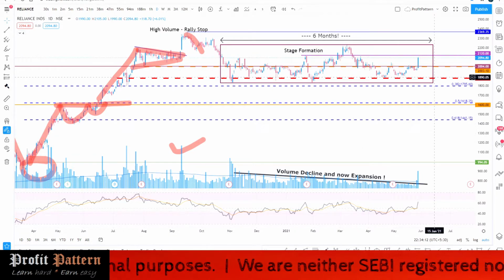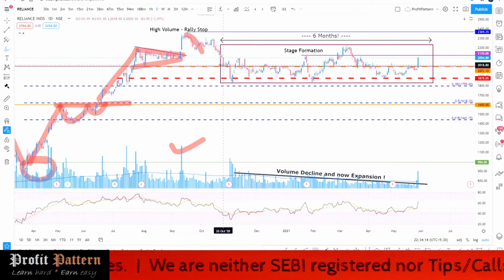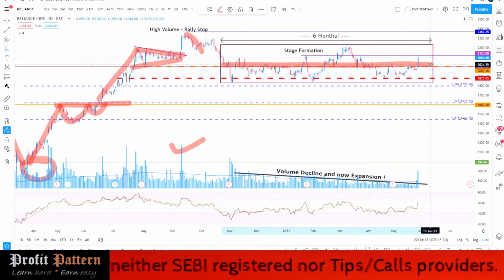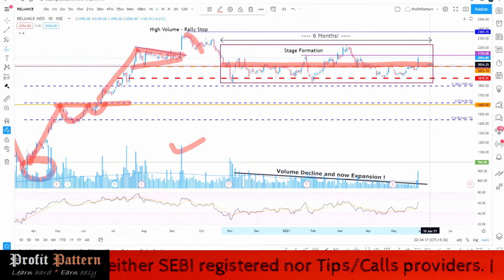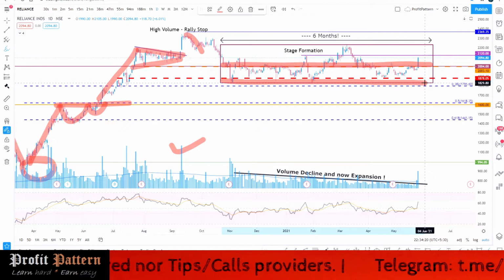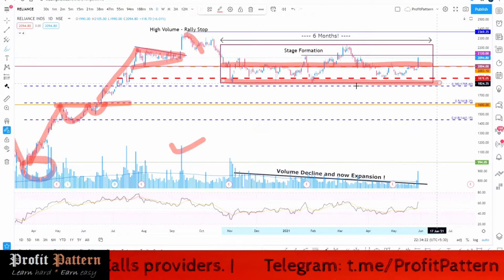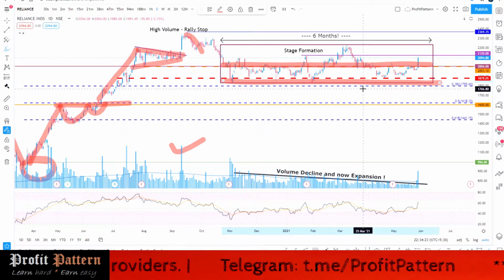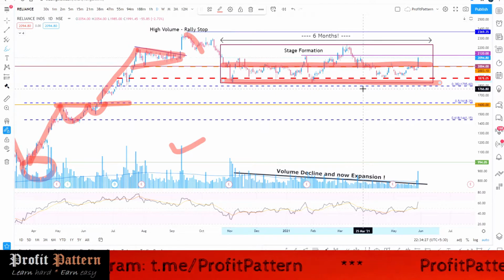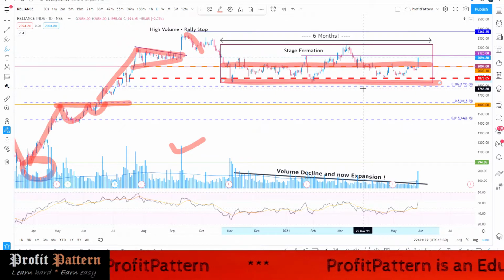You can see that the stock has been consolidating very well between a range of 1800 to 2000. So it was a clear-cut 200 points, the distance which the stock has been traveling in 6 months.